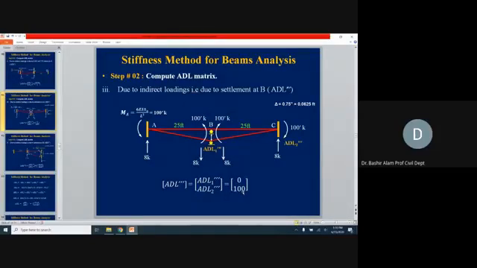When we are applying the settlement at C, which was 0.5 inch, you should have a clamp condition at B as well as a clamp condition at A also. So quickly you should draw it so that we can match it.